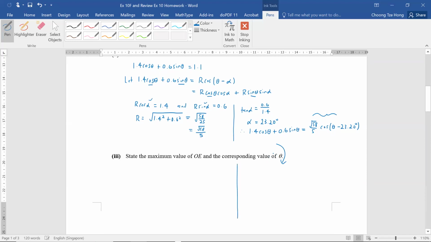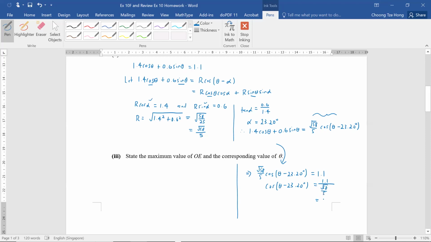Therefore we have square root 58 over 5 cosine theta minus 23.20 degrees equals 1.1. We bring the square root 58 over 5 over and divide 1.1 by that, so we get cosine theta minus 23.20 equals 1.1 over square root 58 over 5.